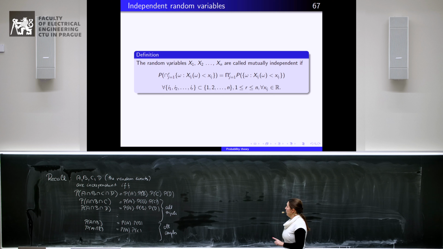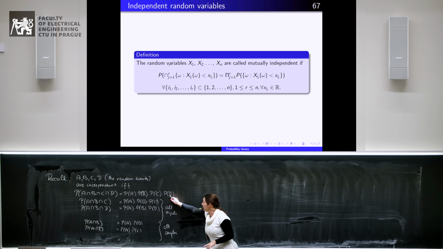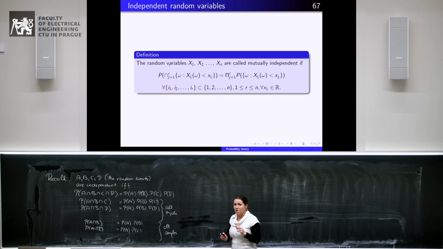And for random variables, we have the same description, but instead of the random events in the brackets, we must have some behavior of the random variable, because there must be some situation in the bracket. There must be some event, some process in the bracket.